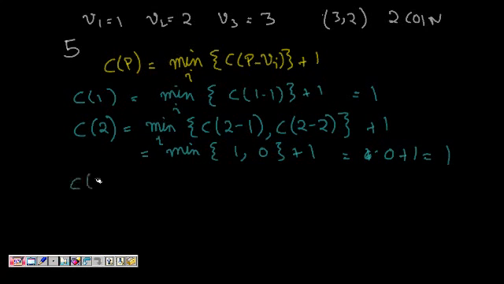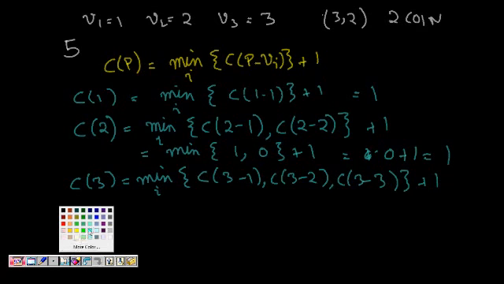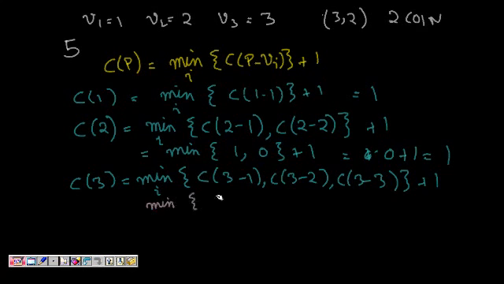Similarly for C of 3, this is the minimum over all coins of C of 3 minus 1, C of 3 minus 2, and C of 3 minus 3, plus 1. So this is the minimum of C of 2, C of 1, C of 0, plus 1.